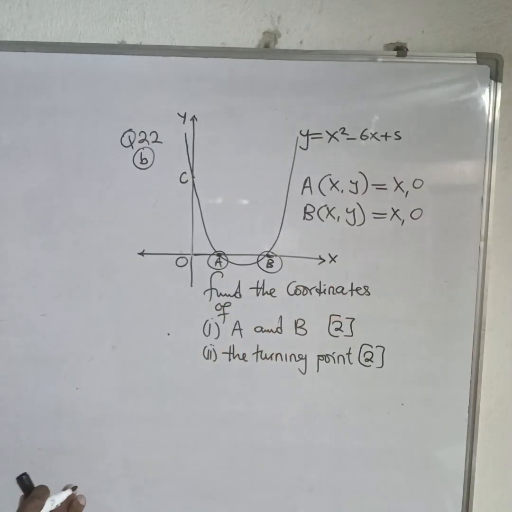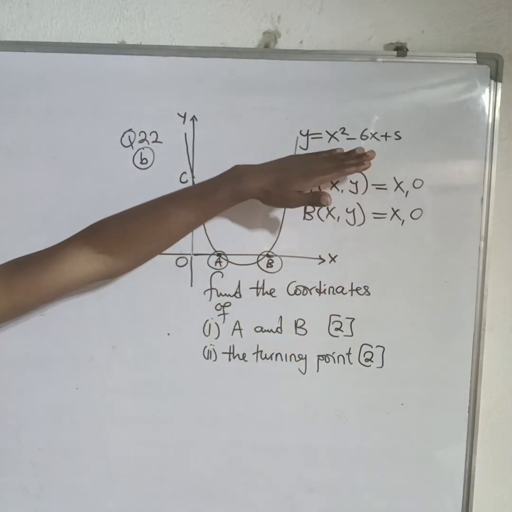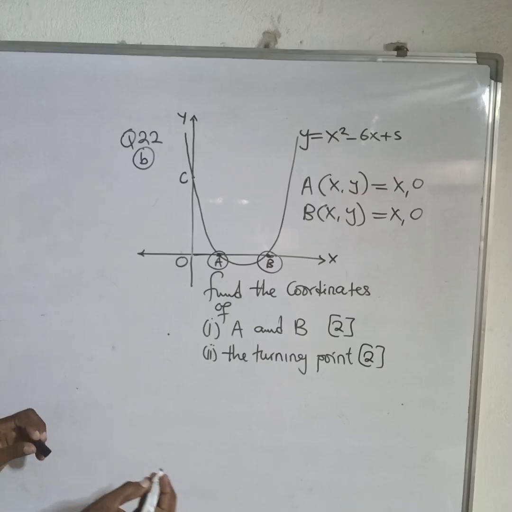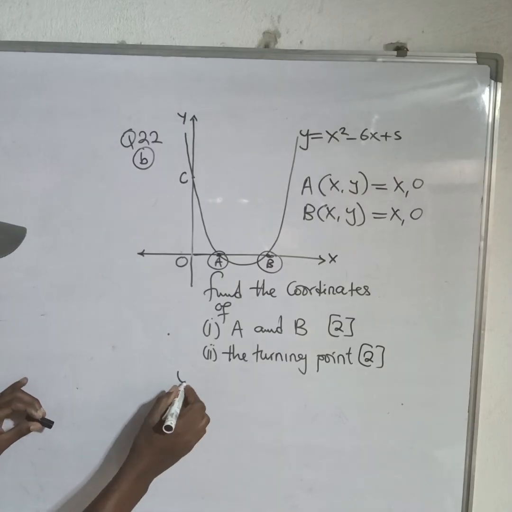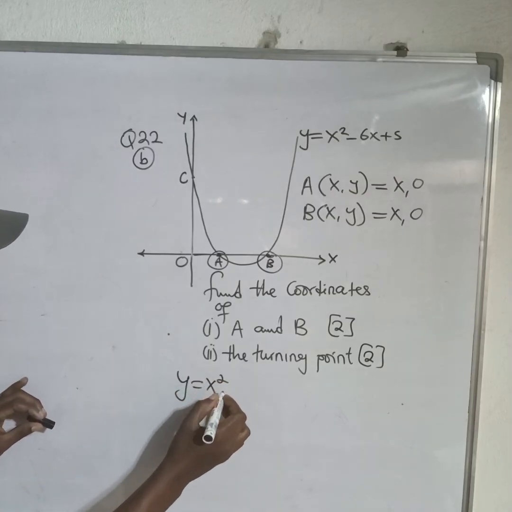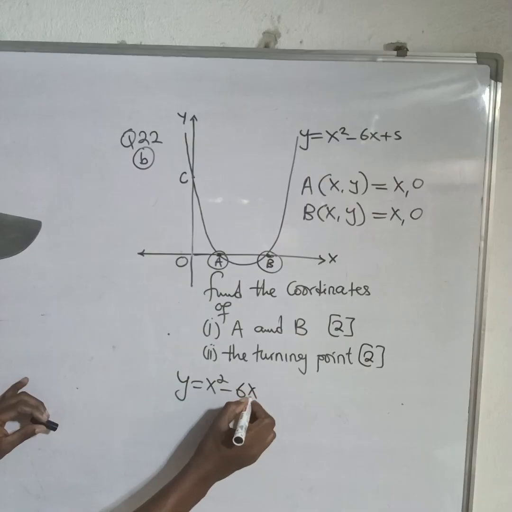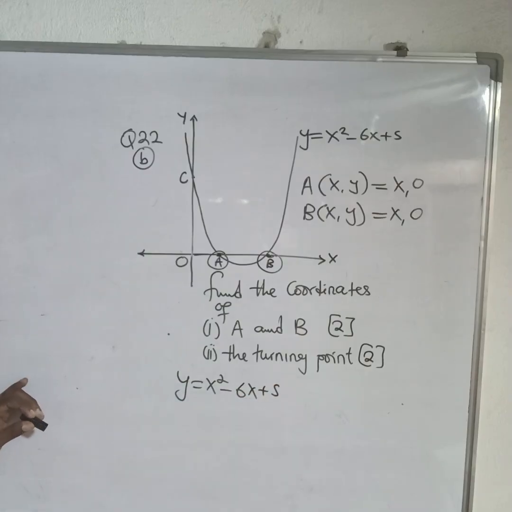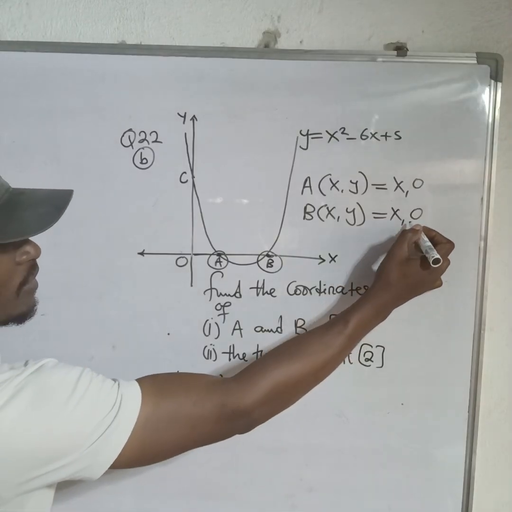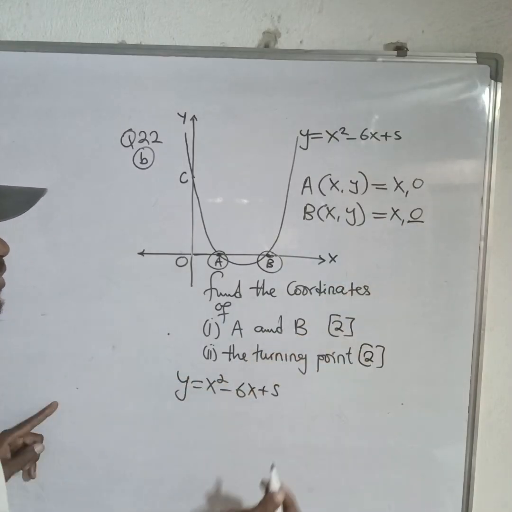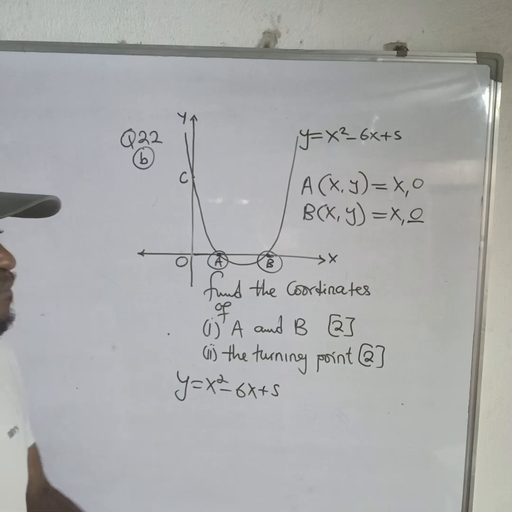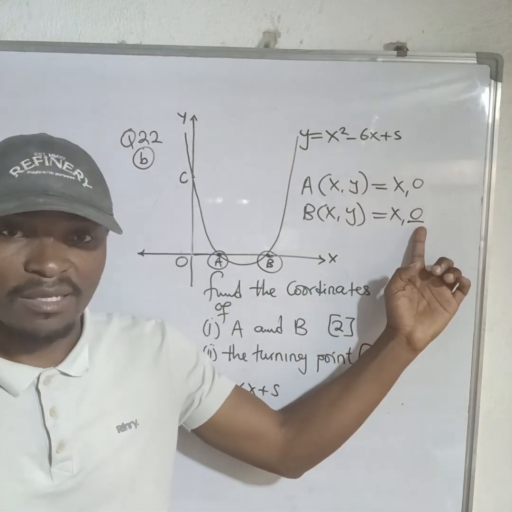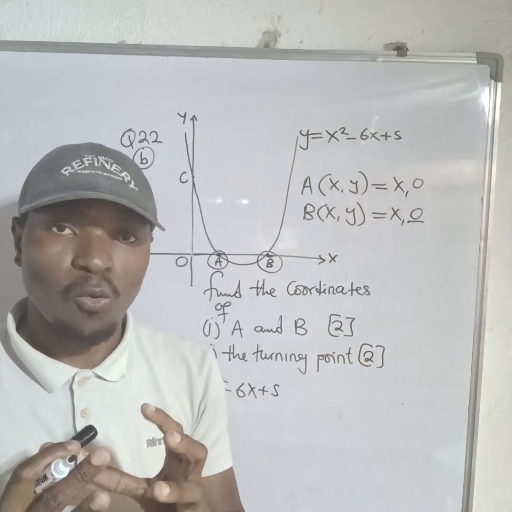Now, the moment you do that, these are the coordinates that you're going to use in this equation. We know that y equals x squared minus 6x plus 5. We know that this 0 that you see is being represented by what? y.